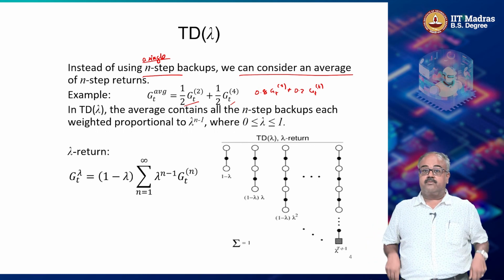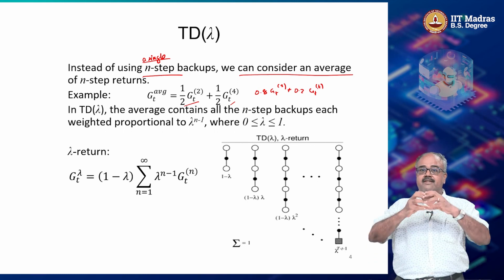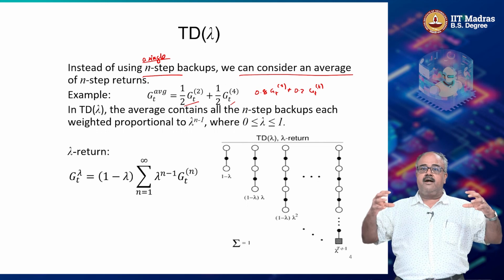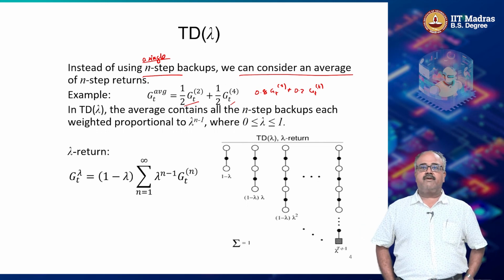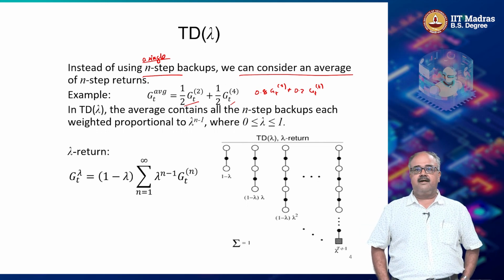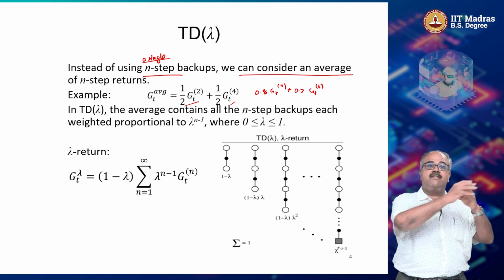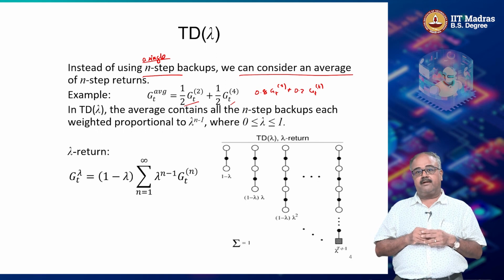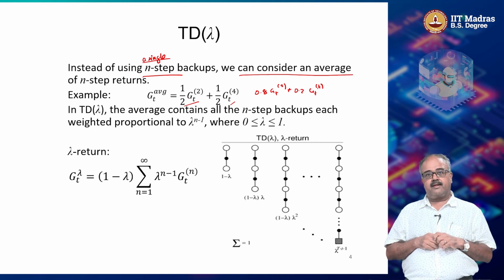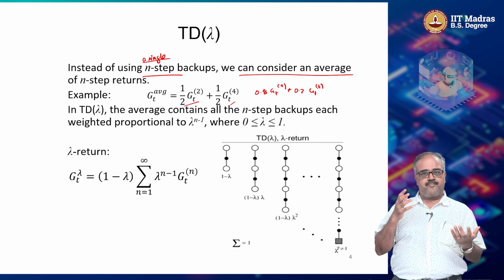So I can do that also. All of these, as long as it is a proper convex combination of these various length returns, is still a valid estimate of my return, right. Does it make sense?